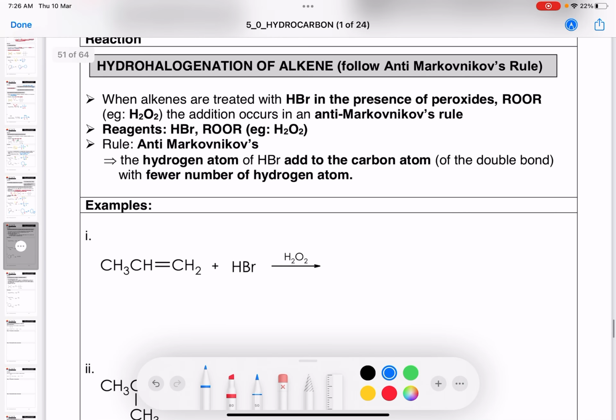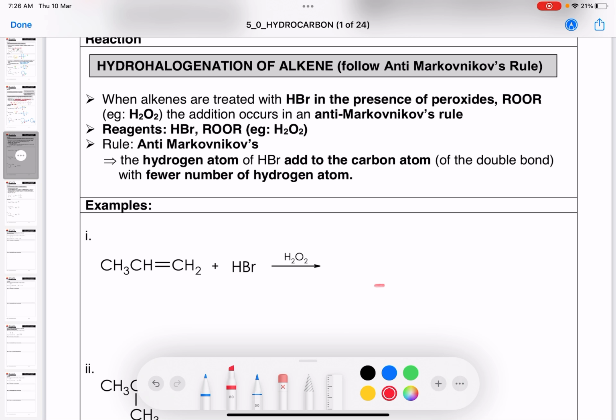For hydrohalogenation of alkene following the anti-Markovnikov rule, the reagent is only HBr in the presence of peroxide, ROOR, where R refers to any alkyl group or H. For example, H2O2 is actually HOOH.